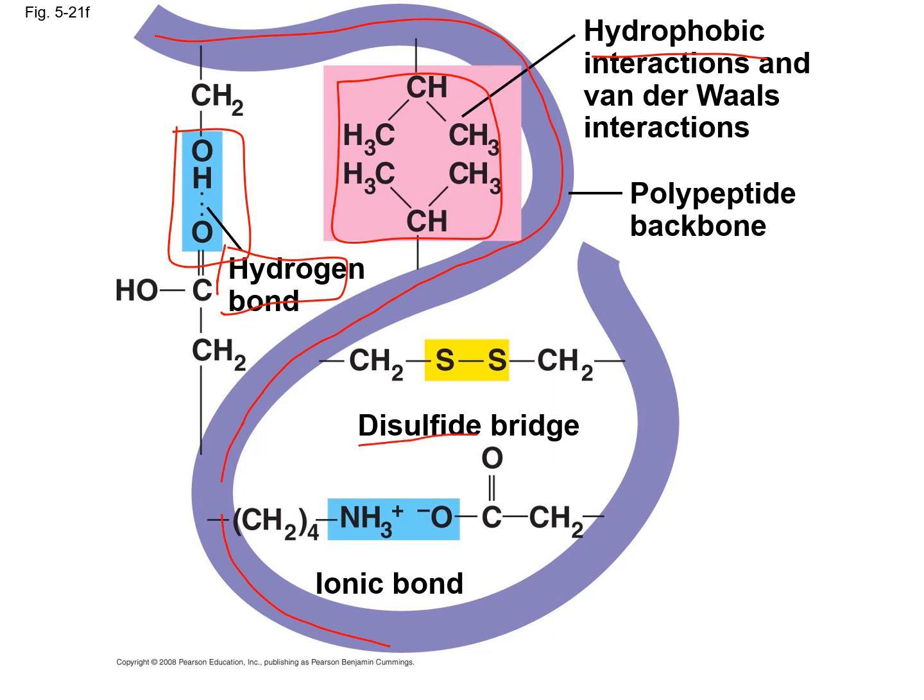You can have disulfide bridges that are formed between R groups that contain sulfur, and you can also have ionic bonds. So ionic bonds forming between positively charged R groups and negatively charged R groups. So these are all the different types of interactions that you can have that are going to create the tertiary structure, the three-dimensional structure of that polypeptide or that protein.